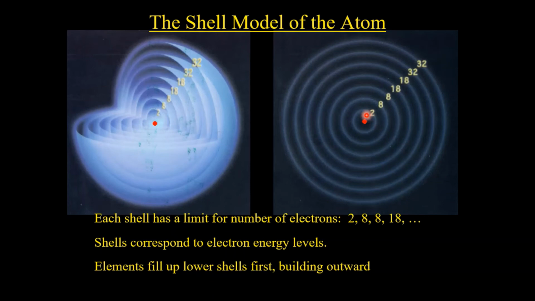So these front rows will fill up first, and as we add more electrons, we keep filling up the farther rows, the ones that are higher and higher in energy, until we end up with so many electrons that in some of the atoms, the electrons are actually out in this last row of 32 electrons. We'll see how this works in the next few slides, but basically this idea of the shell model leads us to the periodic table of the elements.